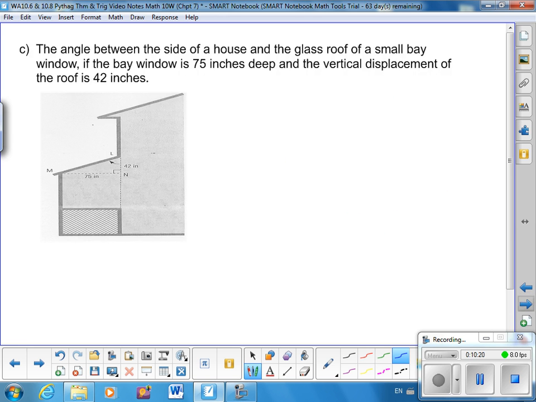Okay, the angle between the side of a house and the glass roof of a small bay window, what's the angle between there? So this angle right in here. If the bay window is 75 inches deep, and the vertical displacement of the roof is 42 inches. So I have this triangle. I do not have the hypotenuse. So as soon as I know I don't have the hypotenuse, I know I'm using tan.